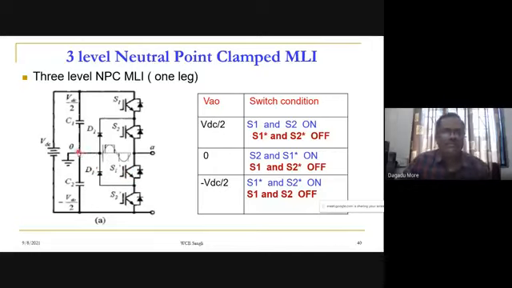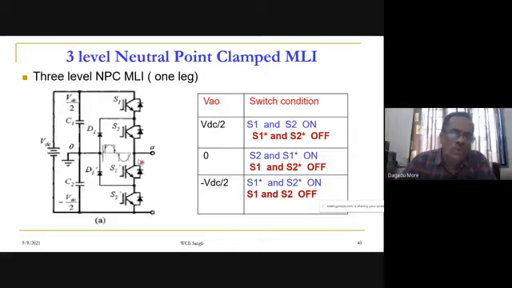So whether the load current is positive or negative, depending upon that, one particular device will get a path and O point is connected to A, and so we get the VAO node voltage as 0. The condition will be S2 and S1 star on, and S2 star and S1 off.